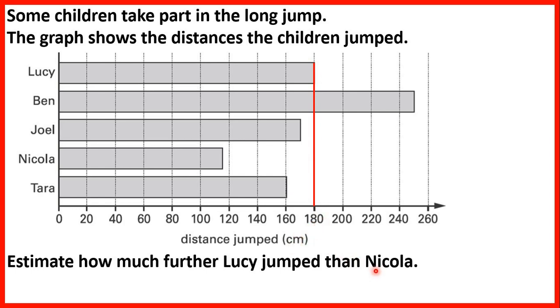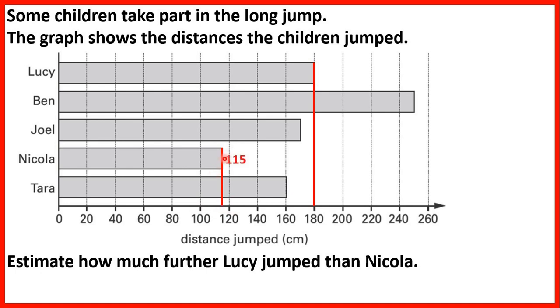We want to compare that to how far Nicola jumped. So we can find the bar for Nicola, and when we go to the end and draw a line down, we can see that that's between 100 and 120, but it's closer to 120.